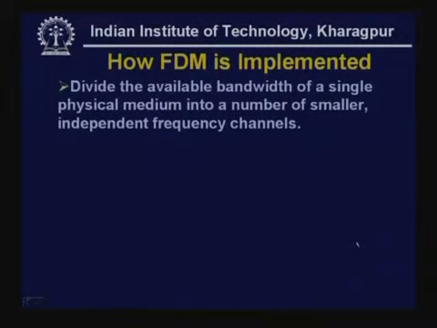Let us see the frequency division multiplexing technique in detail. What we do is first divide the available bandwidth of a single physical medium into a number of smaller independent frequency channels. That is the first thing that is done.